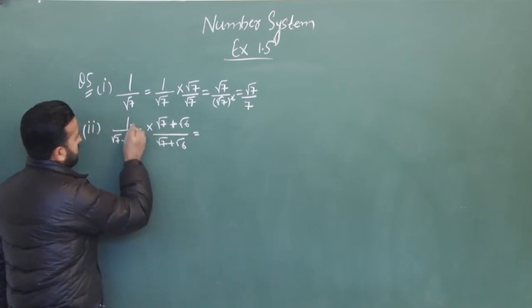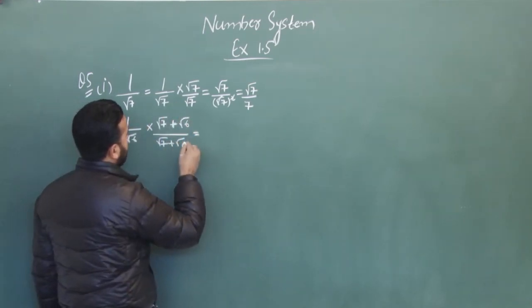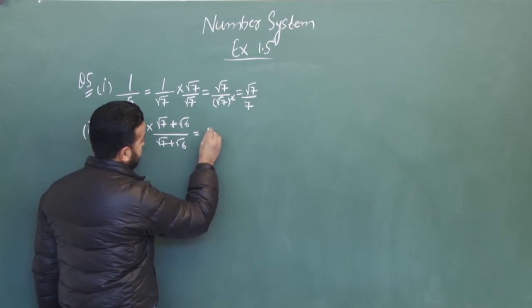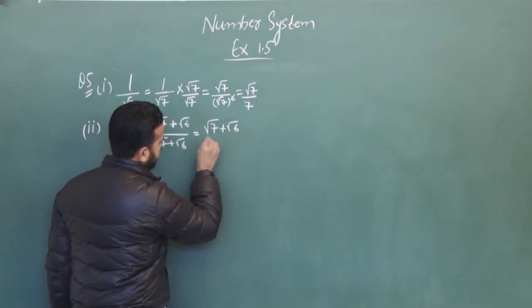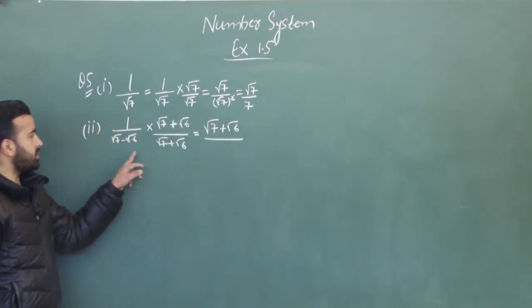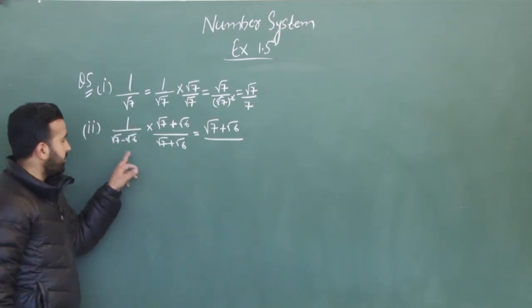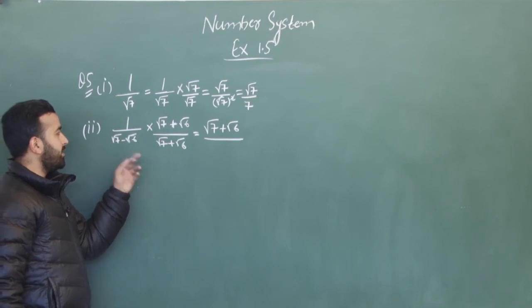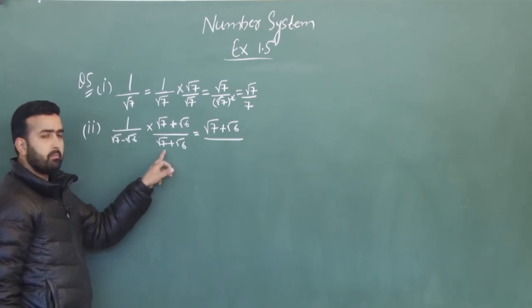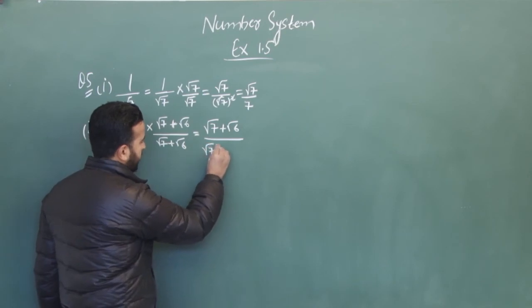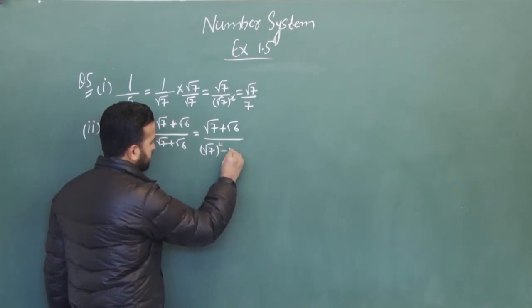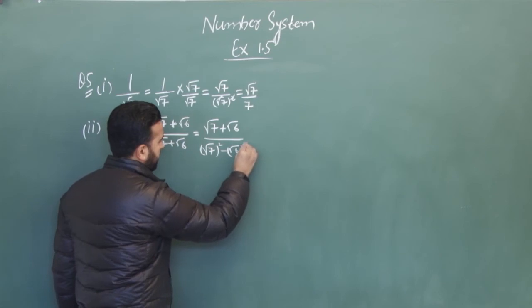Now 1 multiplied by under root 7 plus under root 6 will be root 7 plus root of 6. And then you can see in the denominator we can use the identity of the form a minus b multiplied by a plus b. So simply you know that is equal to a square minus b square.